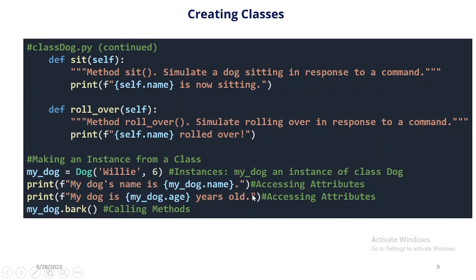You access attributes, you call methods. When you access attributes, you don't need to put the parentheses. But when you call methods, you need to put the parentheses. And because the method itself actually has a print statement, it will automatically print for you here.